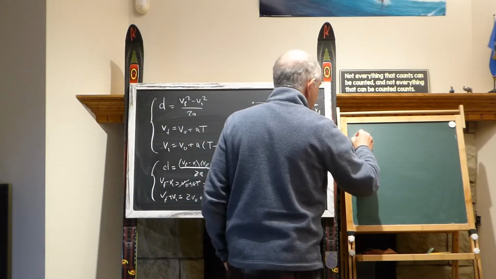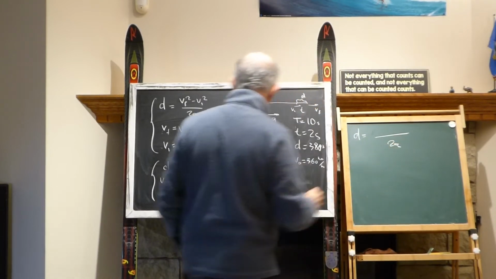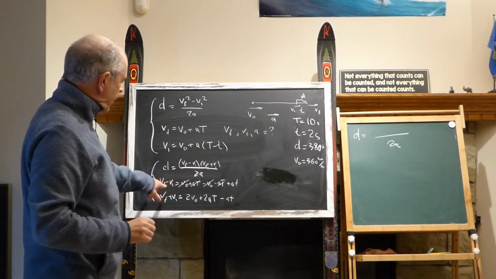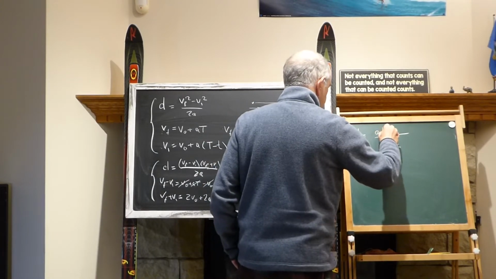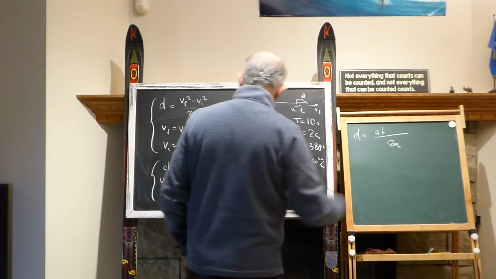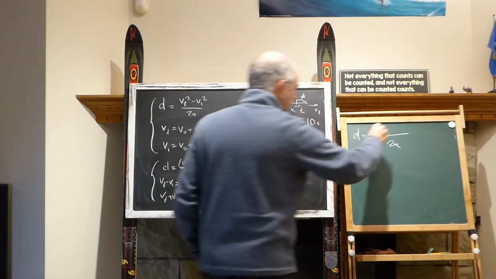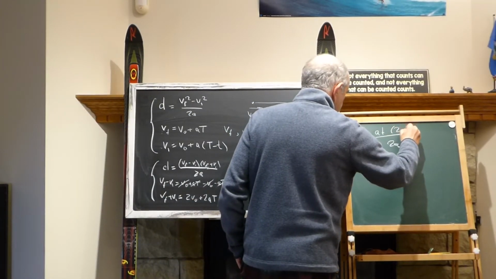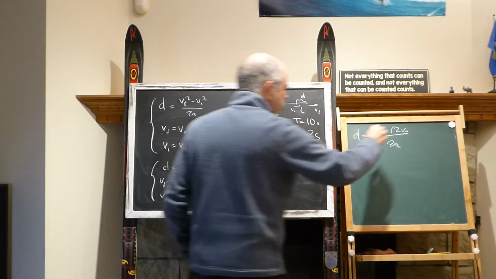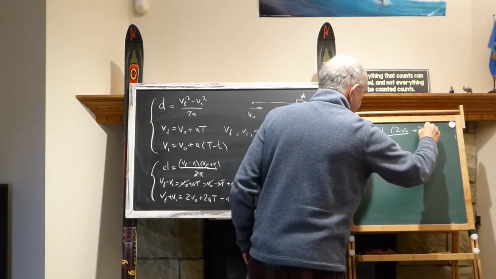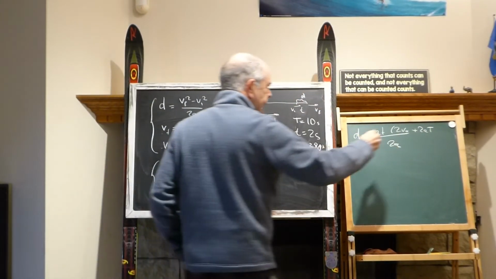I type d equals 2a at the bottom, and v final minus v1 would be 2a. It's very good, because this a would be gone. And the second bracket, I will have to write in full: 2v0, right, plus 2aT, and minus 2a.